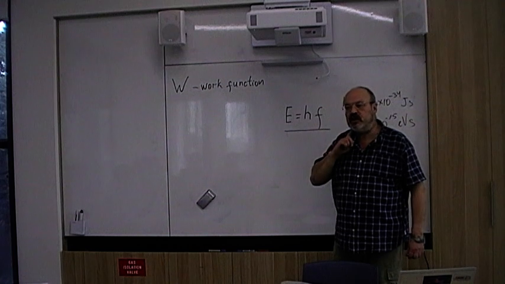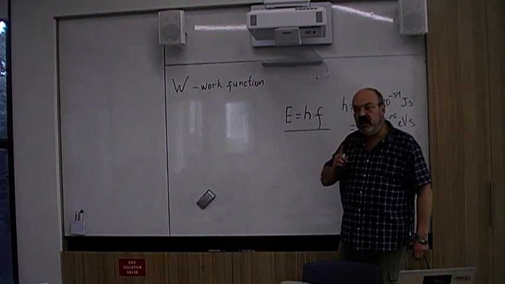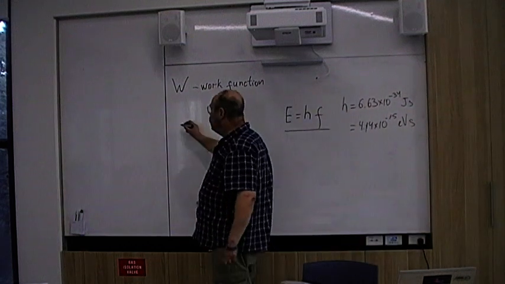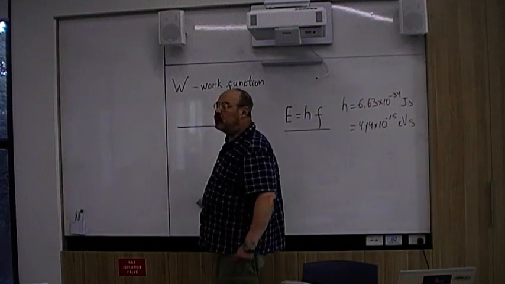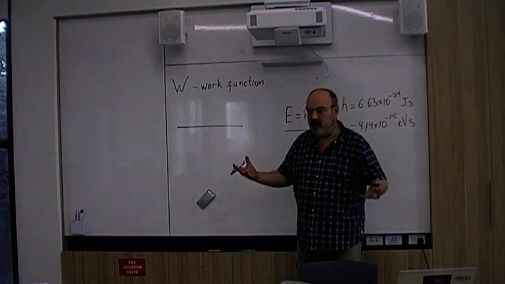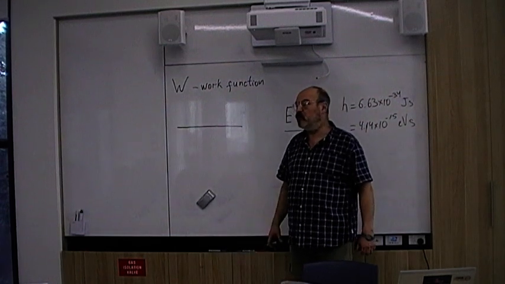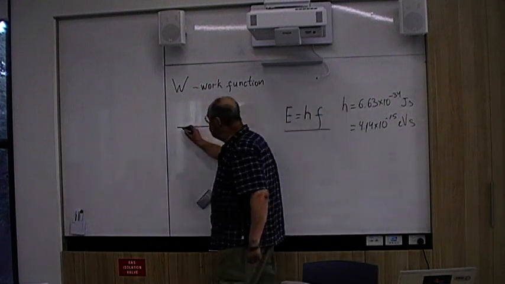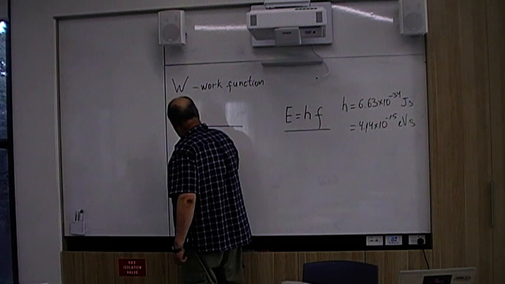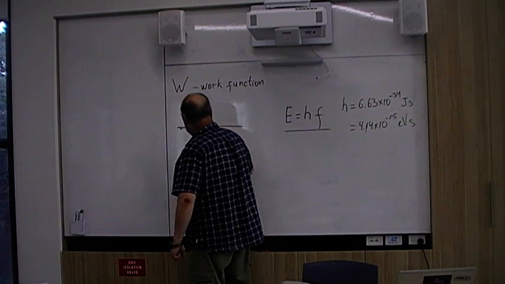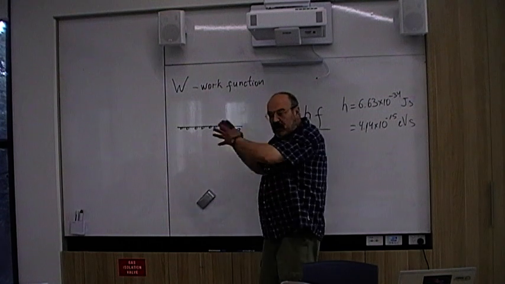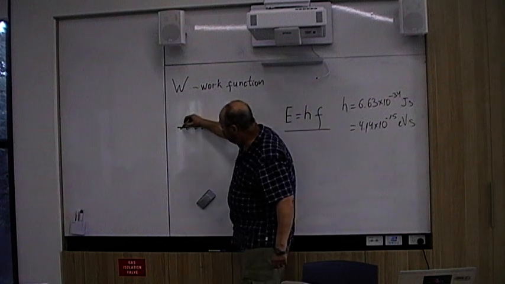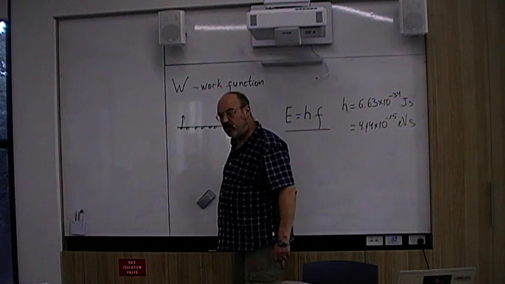Why is it important to say minimum? If you did not say the word minimum, you will lose the sense. Why do we say minimum? In the metal, as you know, electrons from the outer shells are free. But some electrons are next to the surface, and the amount of energy needed to get this electron out is the work function.